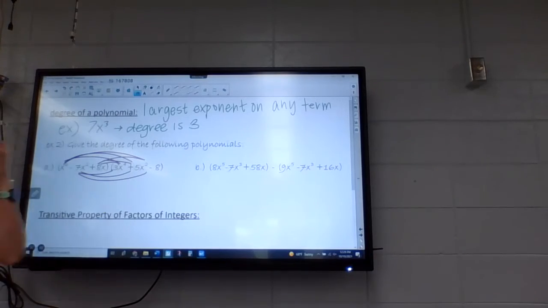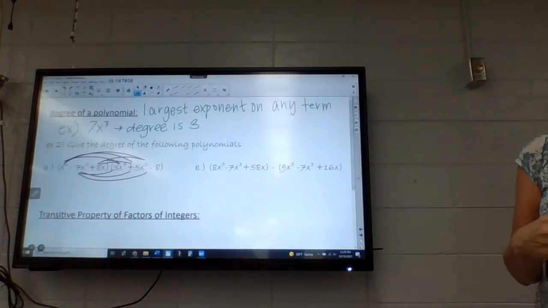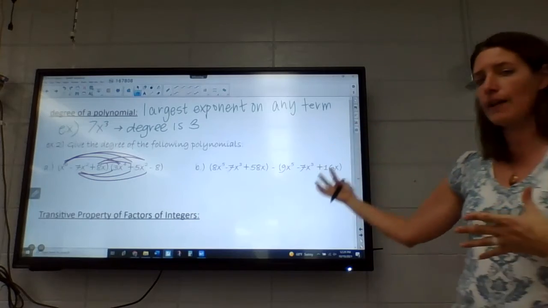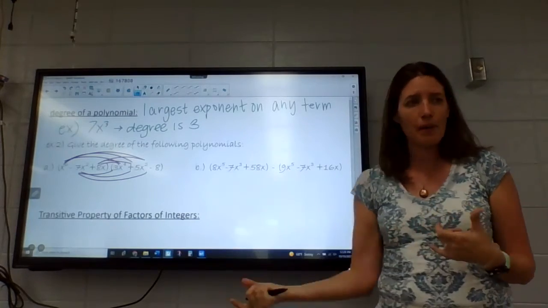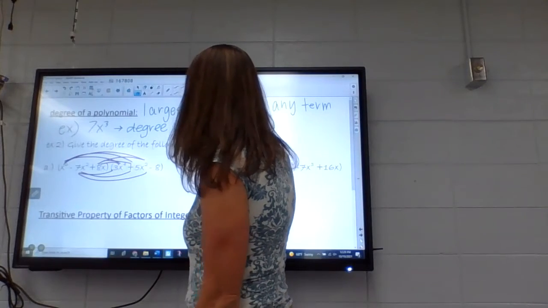Why not? Just do the biggest. Yeah, look at those 2 biggest ones and just worry about that. If they're asking for the degree, they're not asking you to simplify this. They just want to know what the degree is. Because the degree is so important in higher level math, because it tells us a lot about the equation and what the graph should look like, we care about that degree.